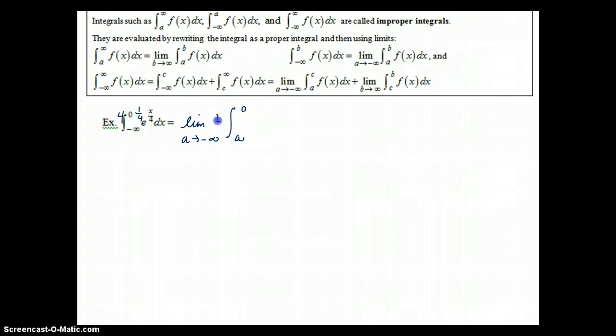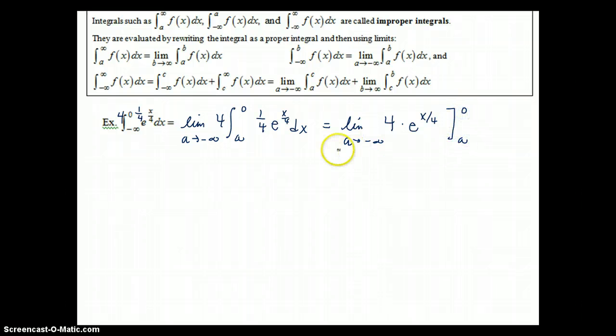And we know that we're adjusting with a 4 and the 1/4 e to the x over 4 dx. So that integrates into, with the limit as a approaches negative infinity, 4 times e to the x over 4, evaluated between a and 0.